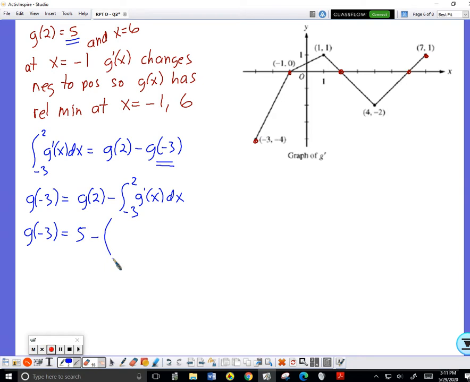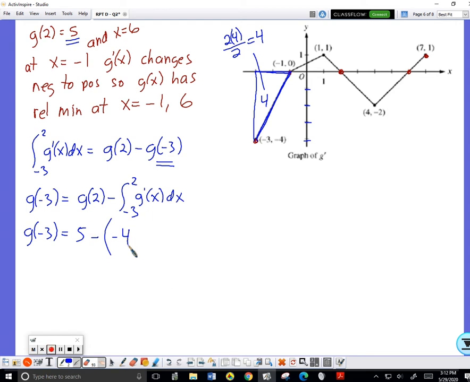From x equals -3 until x equals -1, these values of g prime are negative, so all of this area will count negatively. It's 2 times 4 divided by 2, or just 4. But it counts negatively.